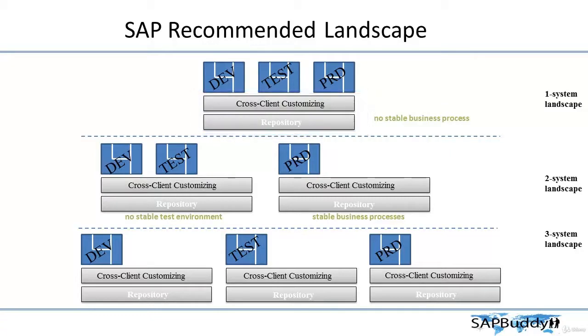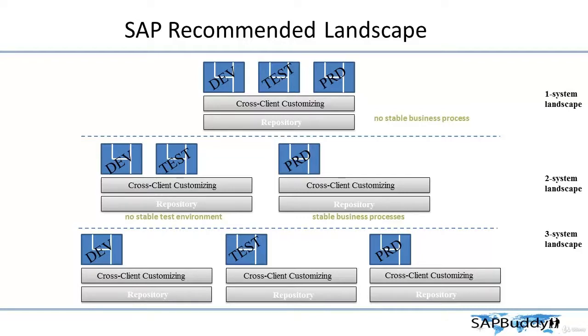If there is a possibility of keeping everything in a single system with different clients, the stability of the business process will be totally destroyed. The reason is that if you do any cross-client customizing, or any repository object change, or any development change of the program, that will affect the entire system. So that is the main problem in a single system landscape.